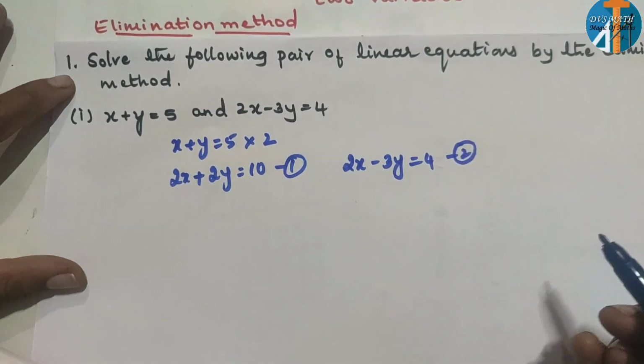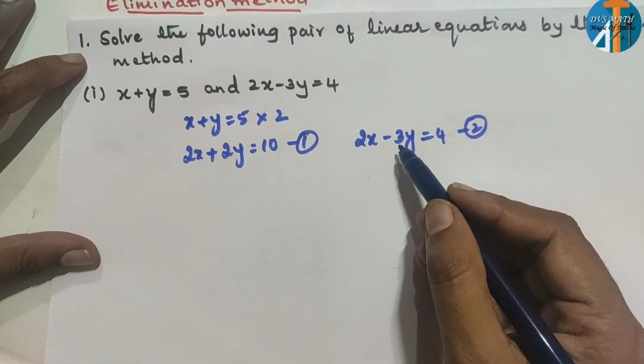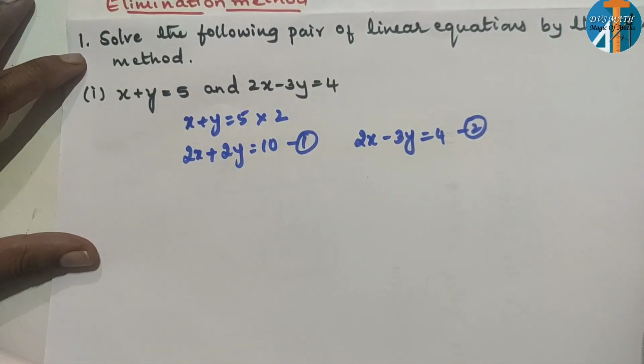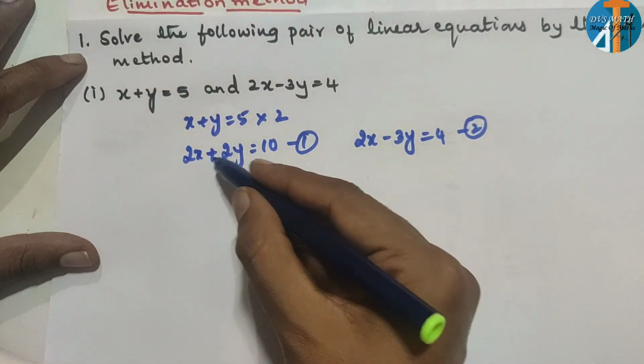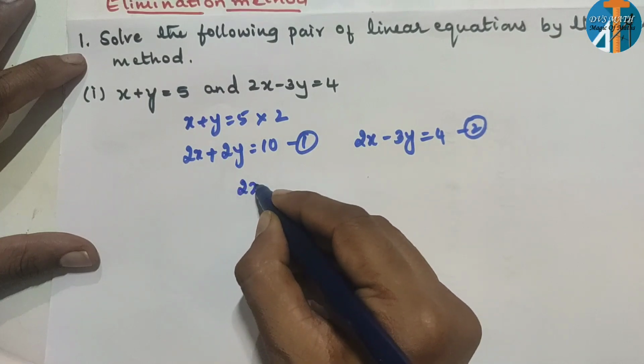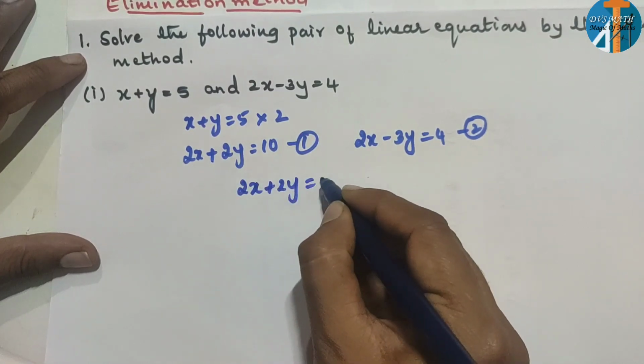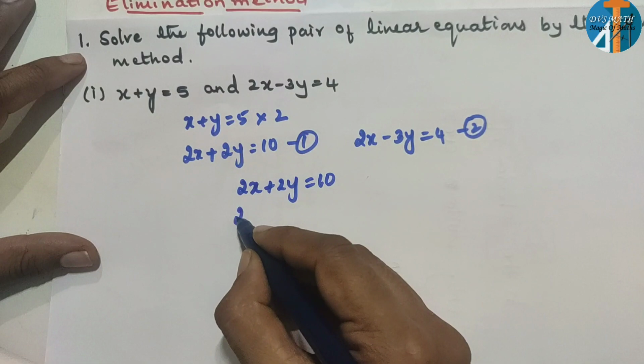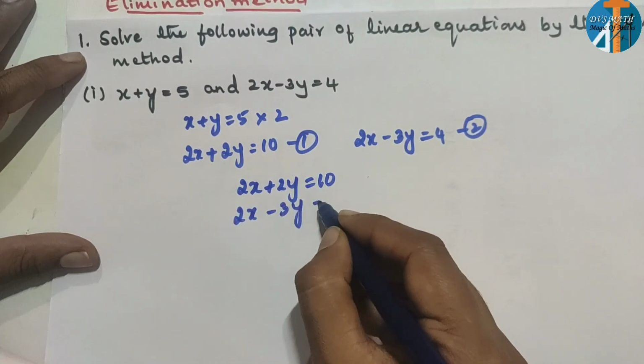This is the second equation. Now what we have to do here in the elimination method is cancellation. Sometimes we do addition of two equations, and sometimes subtraction of two equations. When we add and when we subtract depends upon the sign. Let us write one by one. 2x plus 2y is equal to 10. 2x minus 3y is equal to 4.